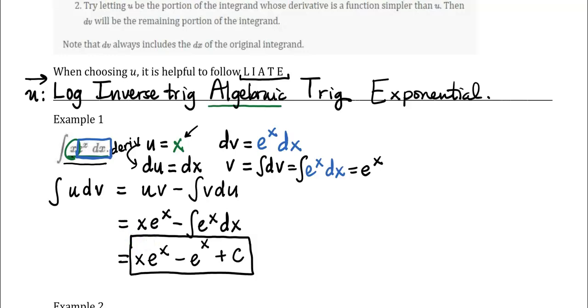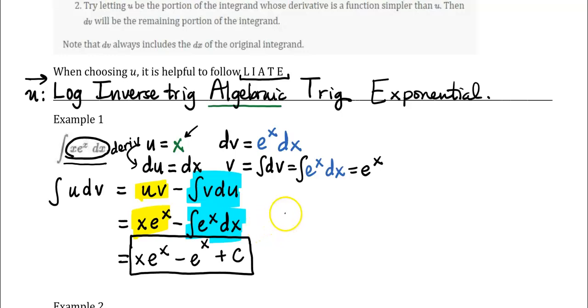So the premise of integration by parts is you take an integral that you do not necessarily know how to integrate, and you break it up into parts. We have one part here that's already integrated, and we have another part here that's not integrated.